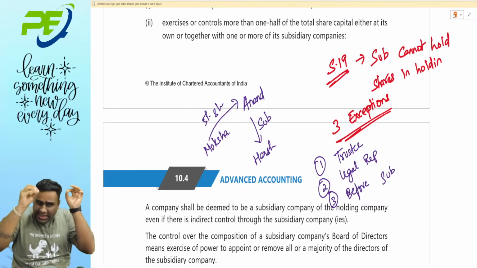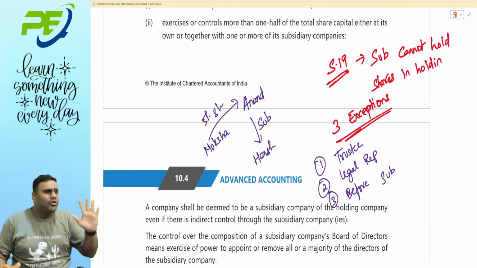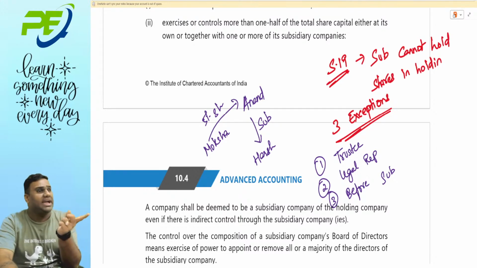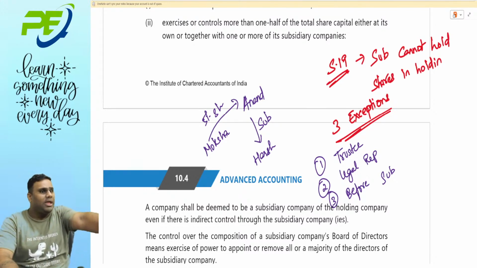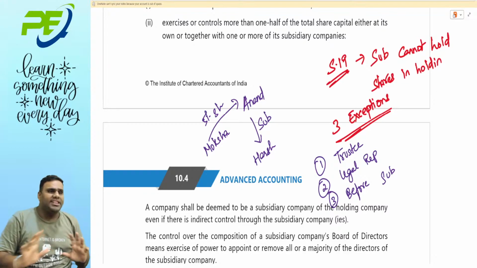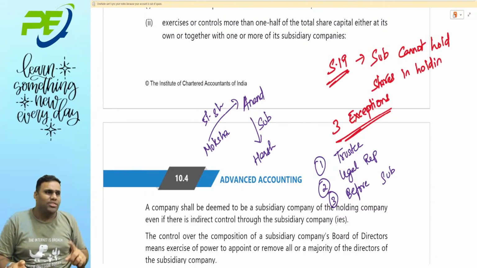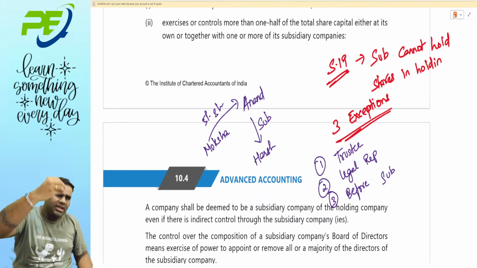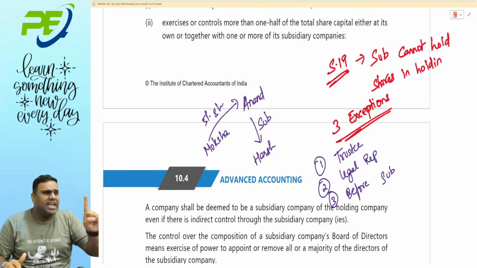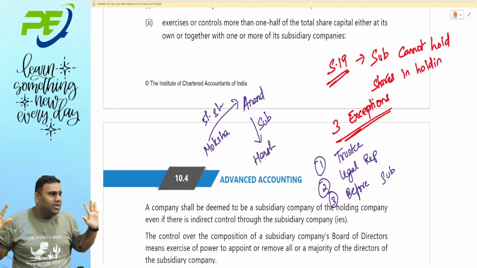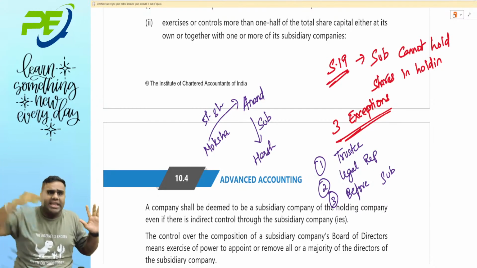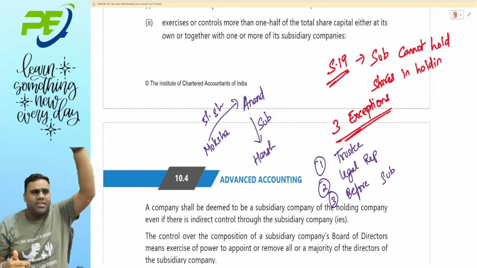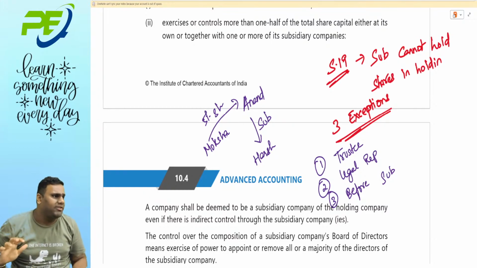What is written in the will is deemed to happen. But can Harsh Limited sell the shares? Yes, provided that clause is not there in the agreement. If Moksha wrote a clause that Harsh Limited cannot transfer the shares, then Harsh cannot. Otherwise, Harsh can transfer the shares. First example, everyone, is this clear? So, subsidiary cannot hold shares in holding. First exception, legal representative.